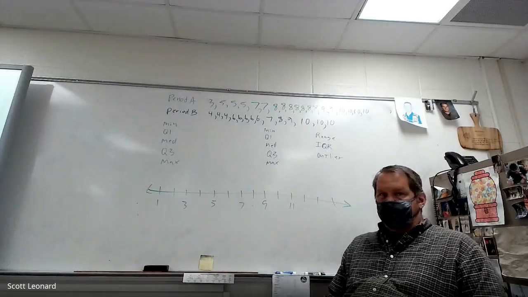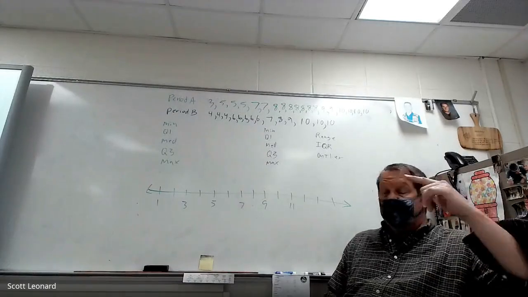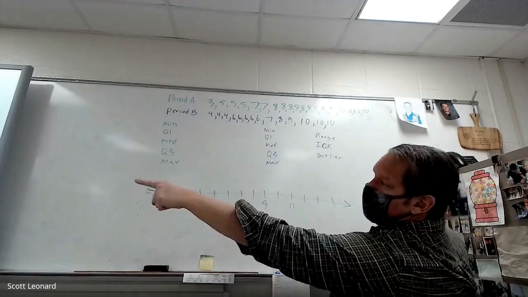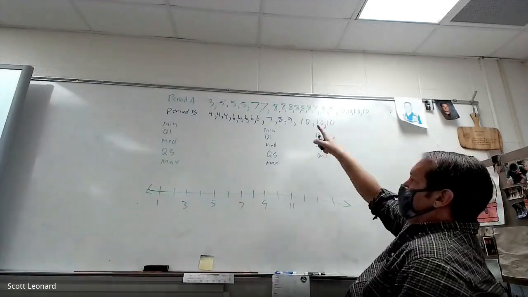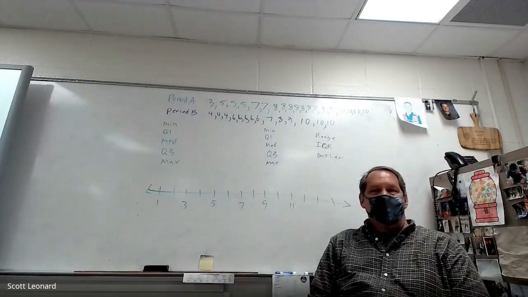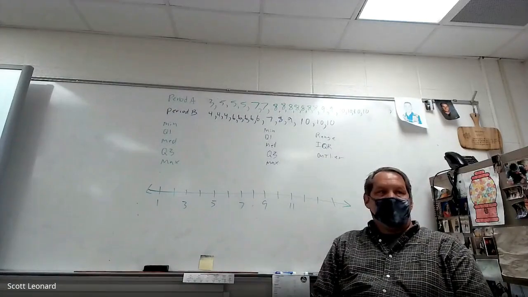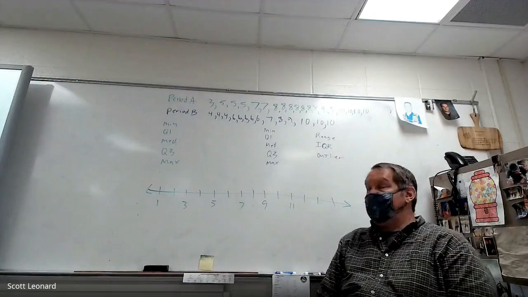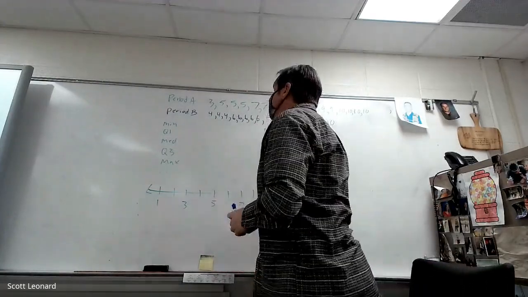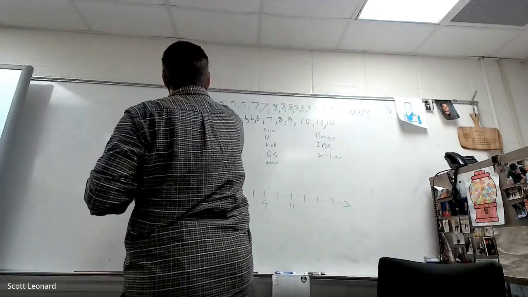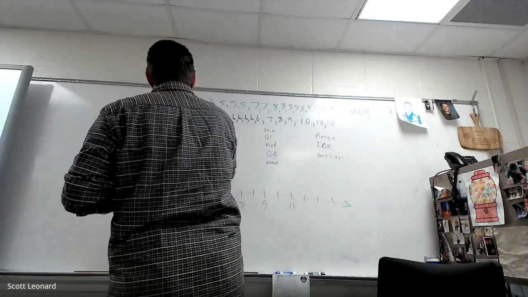Everybody good? Okay. So it tells us we have 19 numbers in green up there. So what's the median number? We get 8. Okay, let's double check here. My minimum's 3. My maximum's 10.